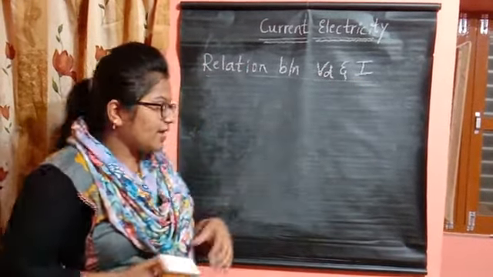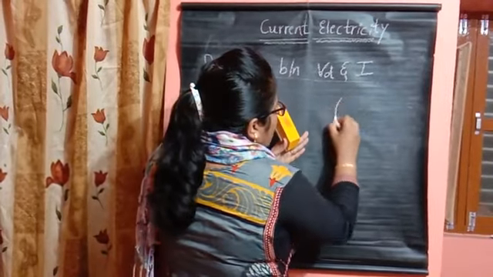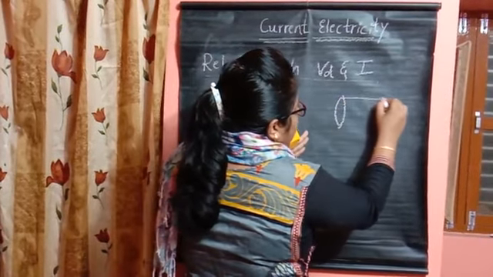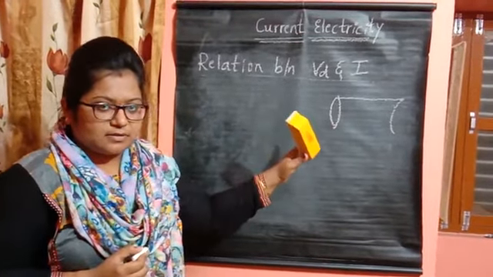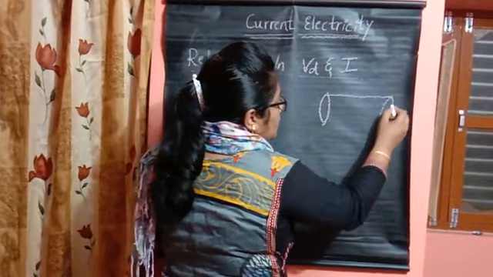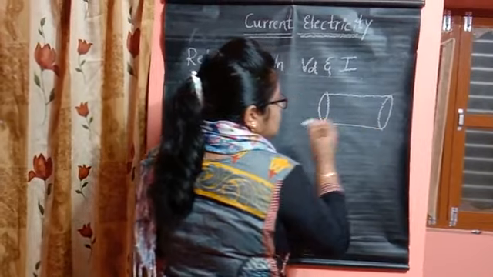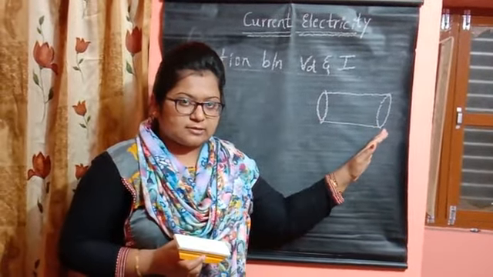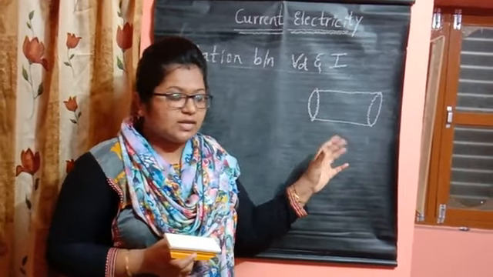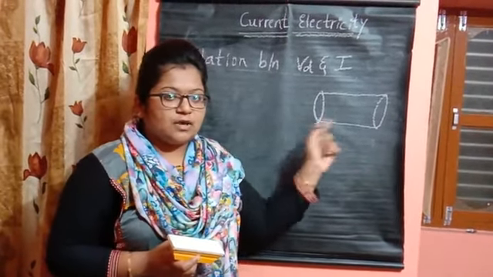So for that, as usual, what do I have to do? I have to consider a conductor. Up to now I was telling you I am considering a conductor, but here I am considering a current carrying conductor. What is the meaning of current carrying? In this, current is flowing.